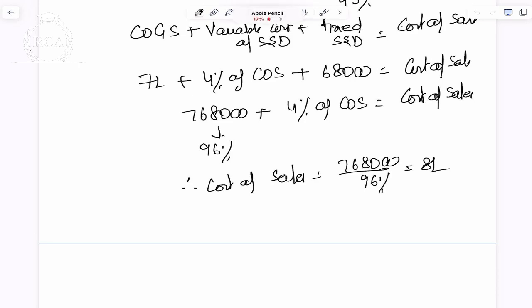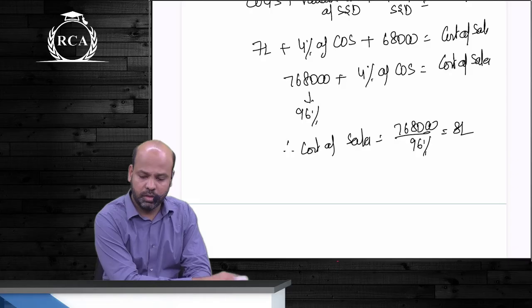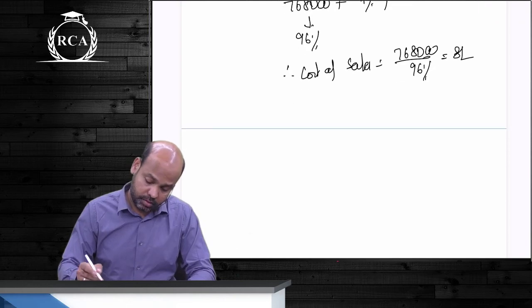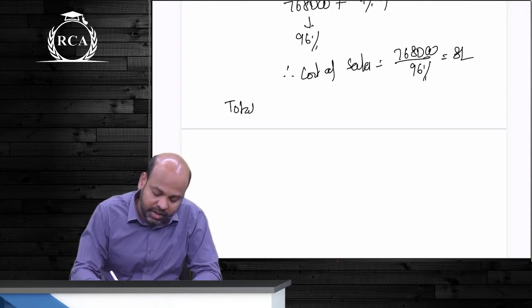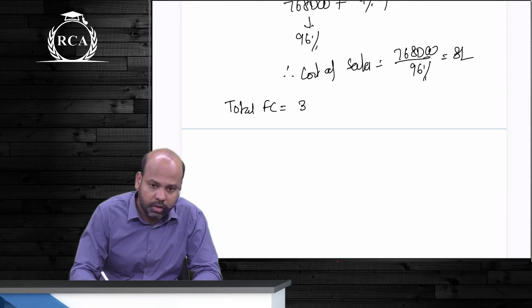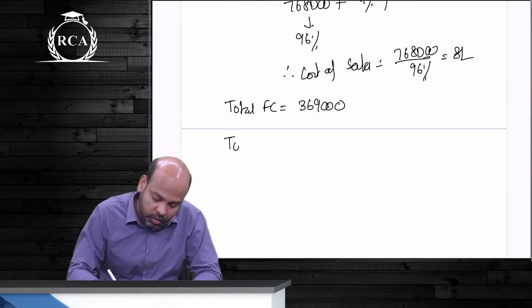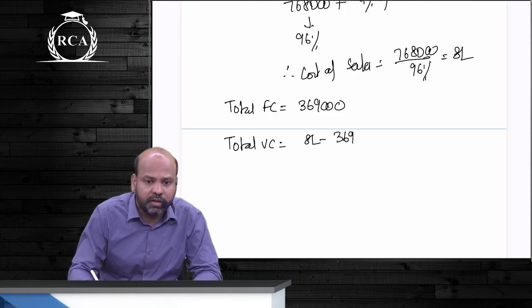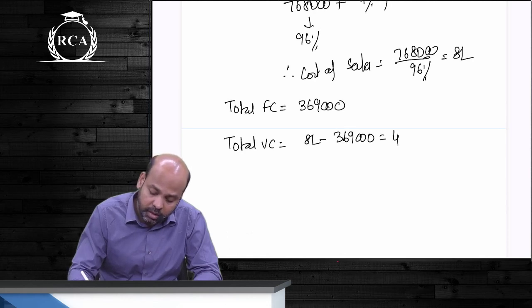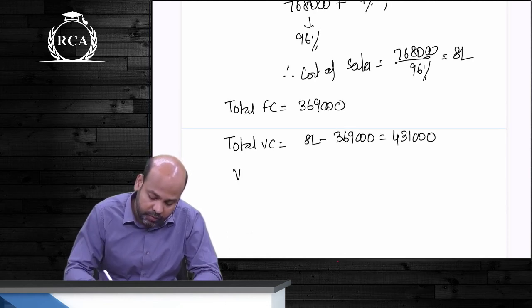Sure, guys? Now, guys, total fixed cost, how much, beta, all put together? So can I write total variable cost, beta, as 8 lakhs minus 3 lakh 69,000? 4 lakh 31,000. What will the variable cost per unit be, beta?